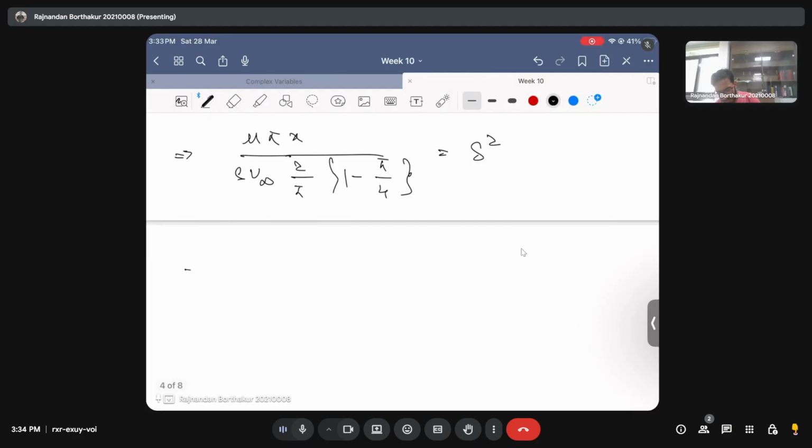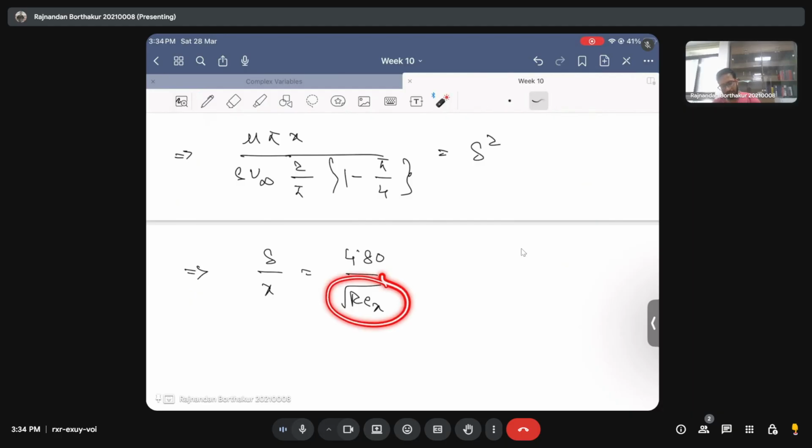If you do some rearrangement here, which is a simple trivial step that I'll not do, just like we did in the last class, you get delta by x equal to 4.80 by square root of Rex. You just need to bring this factor here. You can multiply and divide this expression by x, which gives you square root of Rex, because we know that rho u infinity x by mu is equal to Rex.